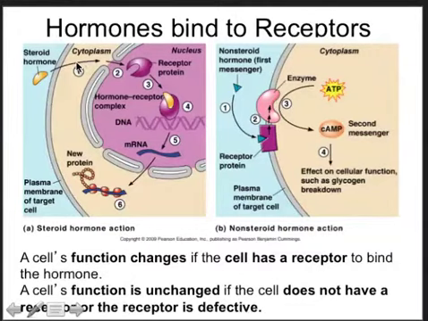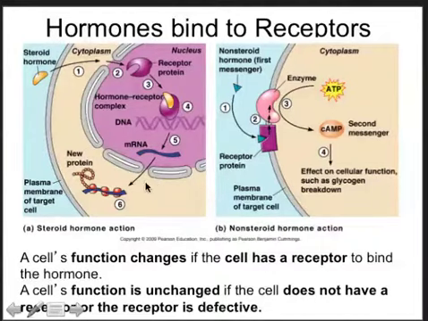The steroid hormone will bind to its receptor, be escorted into the nucleus, and bind to a special part of the DNA called the promoter, which is the gateway to the expression of a particular gene. That will cause messenger RNA to be produced from that gene, and as a result special proteins will be made by the ribosomes in the cytoplasm, and that will suffice as the response to that particular hormone signal.